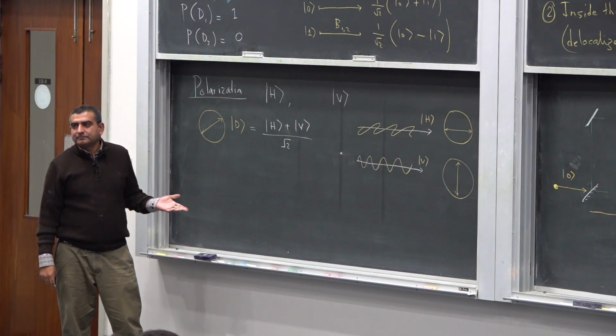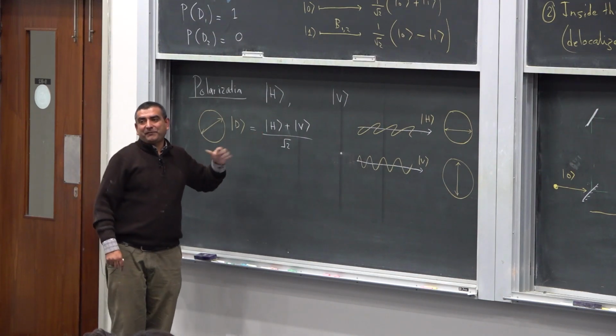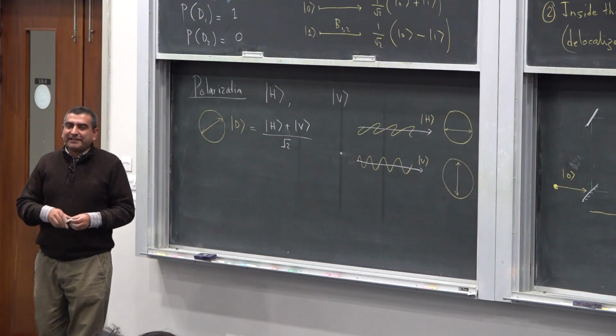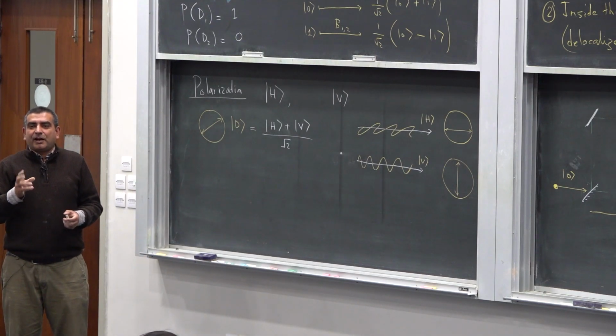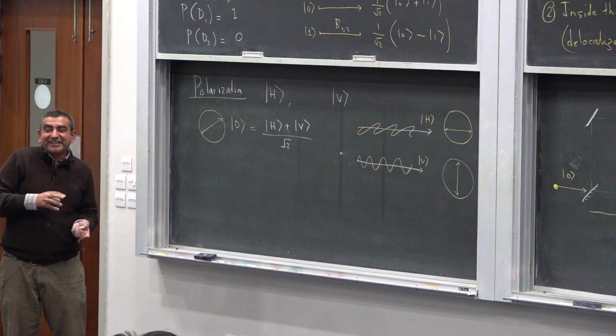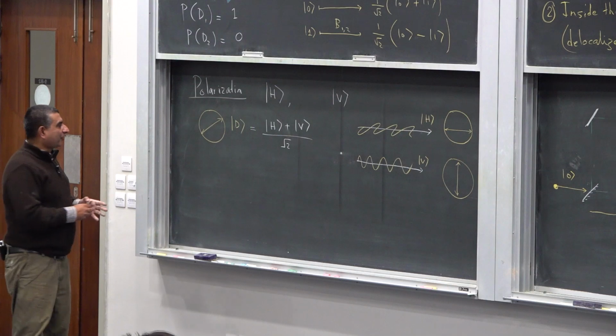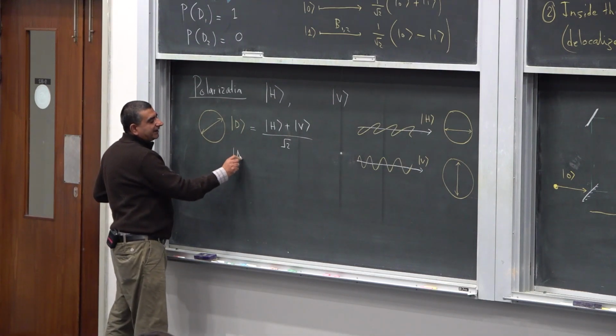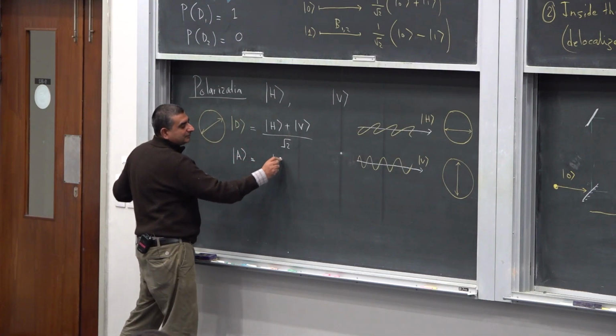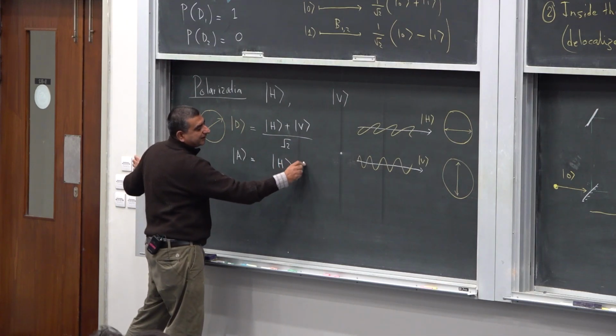Okay? By the way, when I write a quantum state in this fashion, this does not mean that a photon is either ket H or ket V. It's in a superposition, it's in both. I could also have anti-diagonal photons, anti-diagonally polarized, H minus V.